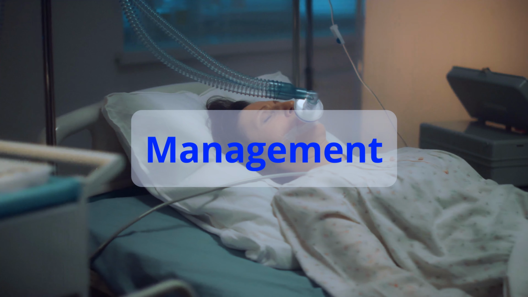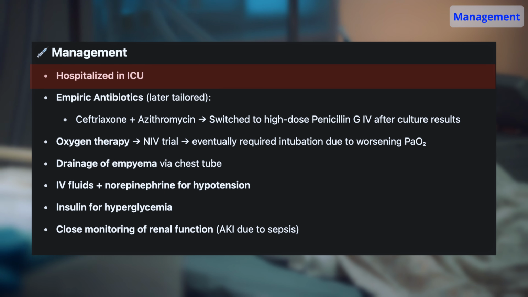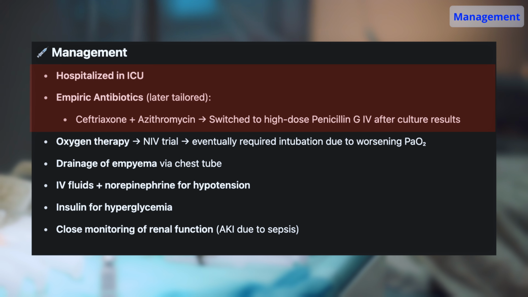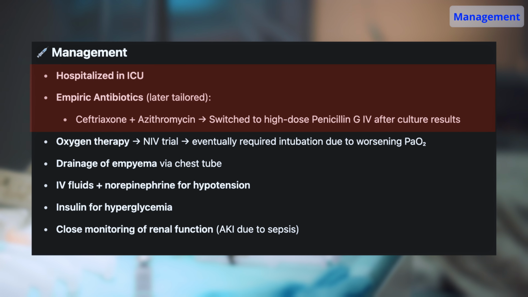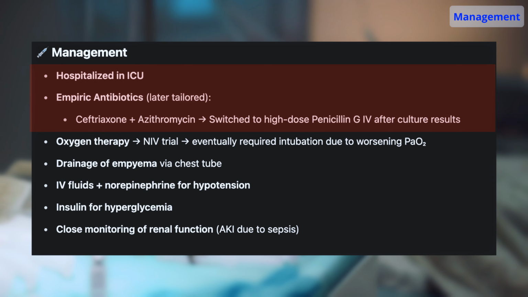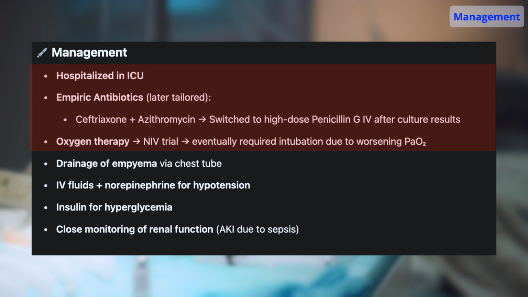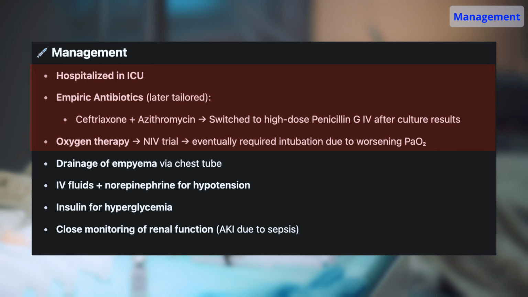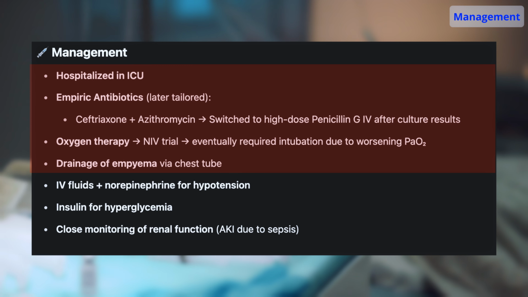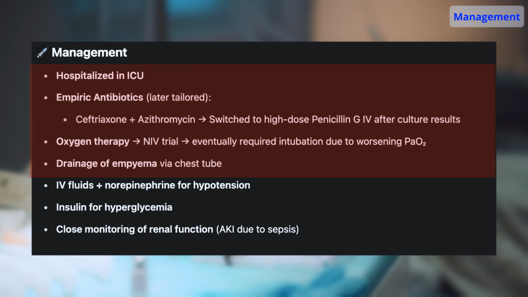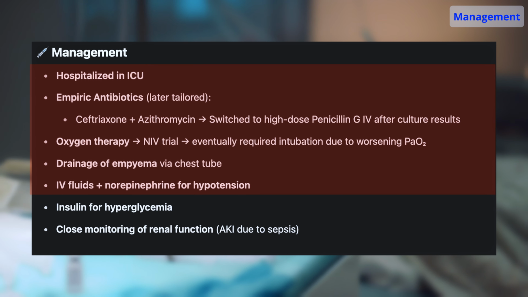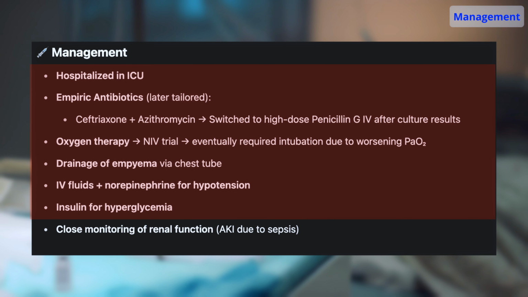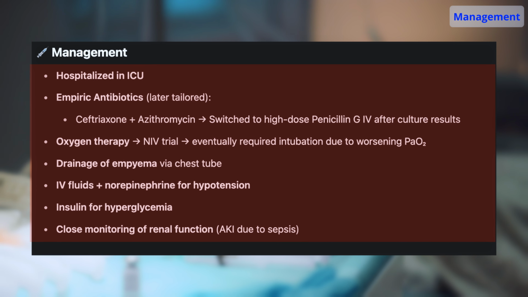How do we manage that? Hospitalized in ICU, empiric antibiotics with ceftriaxone, azithromycin, switched to high dose of penicillin G after culture results, oxygen therapy, eventually required intubation due to worsening of PaO2, drainage of empyema via chest tube, IV fluids, norepinephrine for hypotension, insulin for hyperglycemia, and close monitoring of renal function.